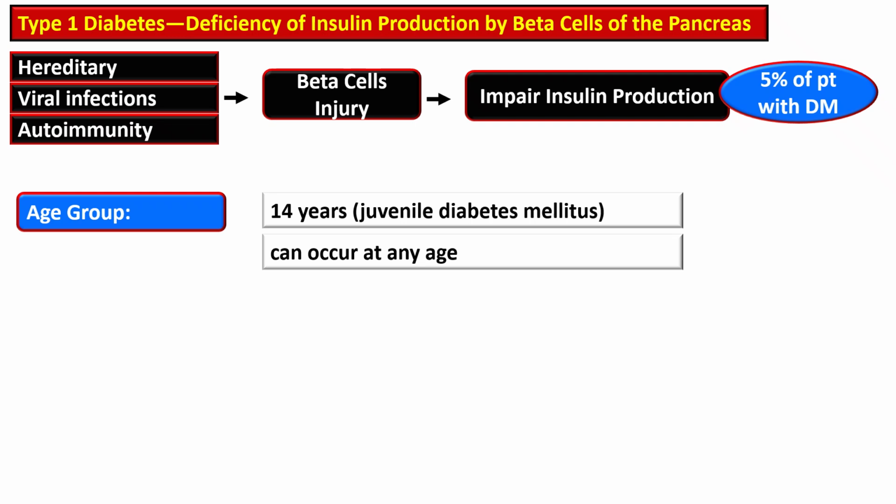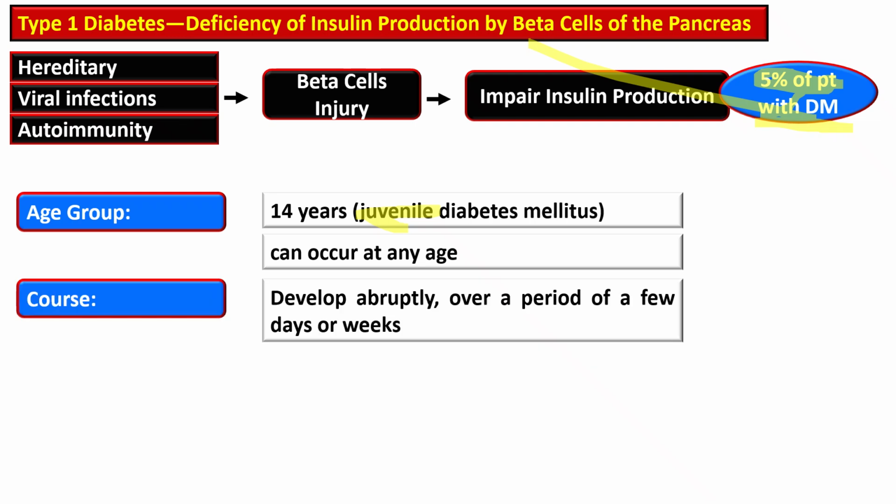There are viral infections that trigger immune-mediated destruction, and there is also hereditary predisposition to beta cell degeneration.